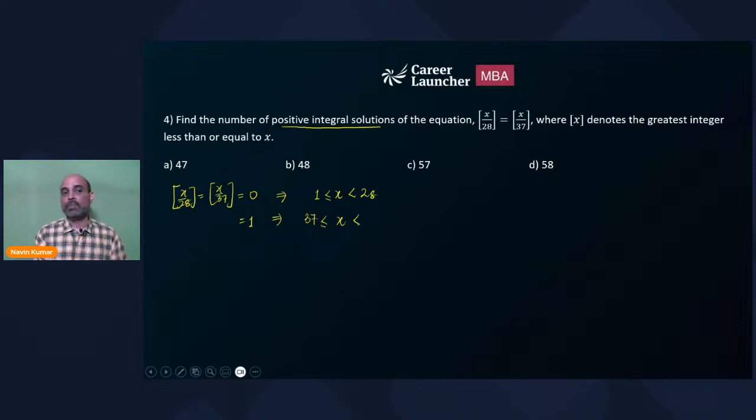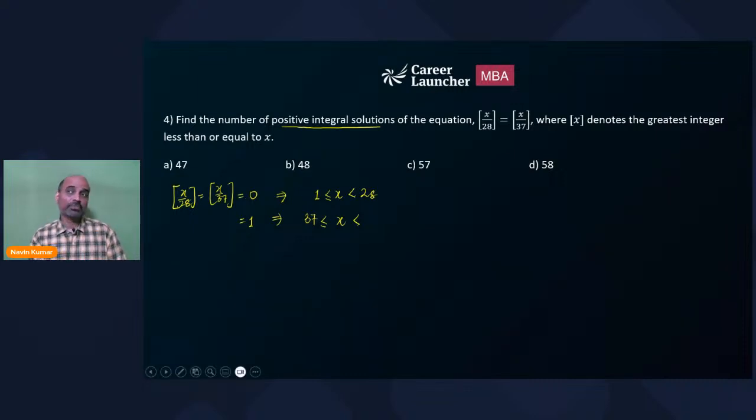But the moment x is going to be, let's say, more than 37. So 37 agar ho gaya suppose. So 37 by 28 is 1 and 37 by 37 is 1. So no problem.